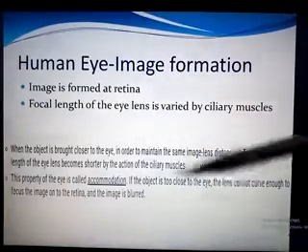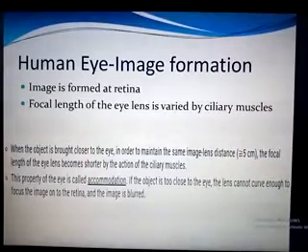Okay, this property of the eye is called power of accommodation. Accommodation means we can see an object nearby and also an object at a very far distance. The stars and moons that we are seeing are seen because of this capacity, the power of accommodation of our eye.